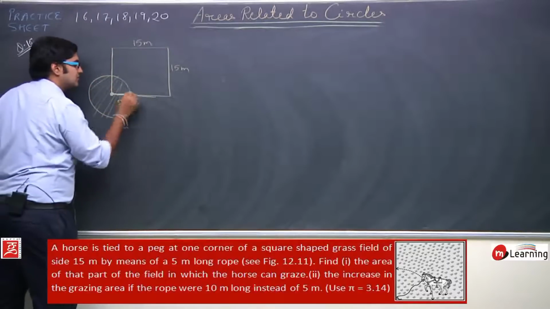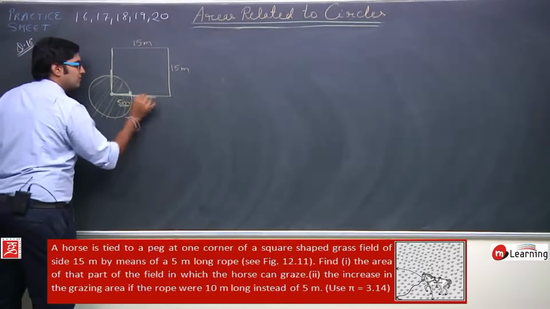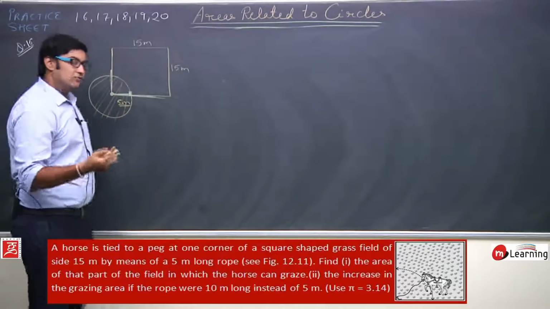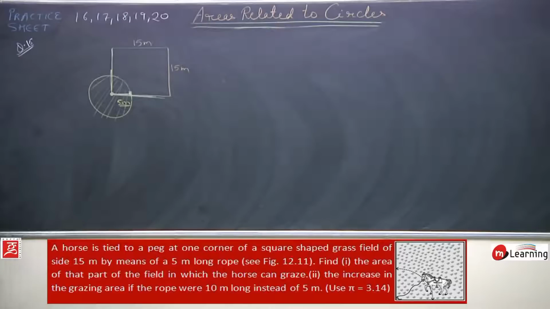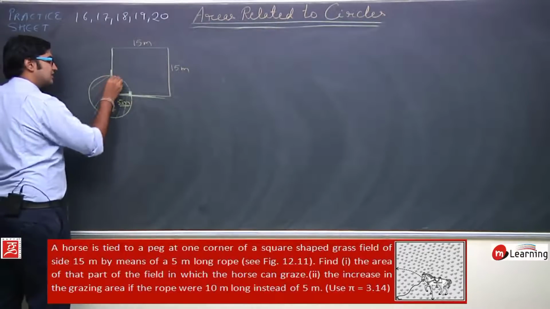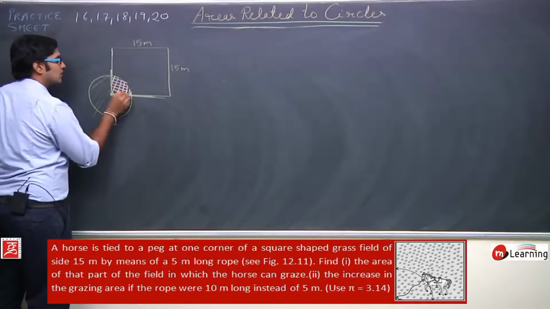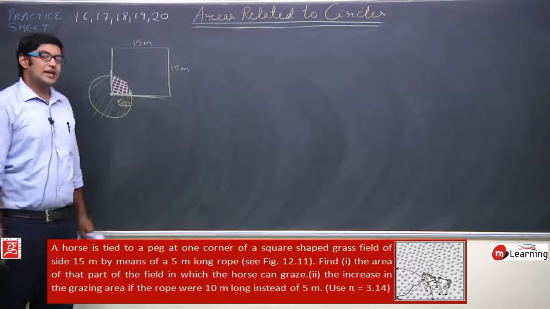So definitely this will be the motion of the horse, but the condition is that the field starts from here and comes like this. So with respect to the field, the horse can graze only this much area. Now, what kind of area is this?